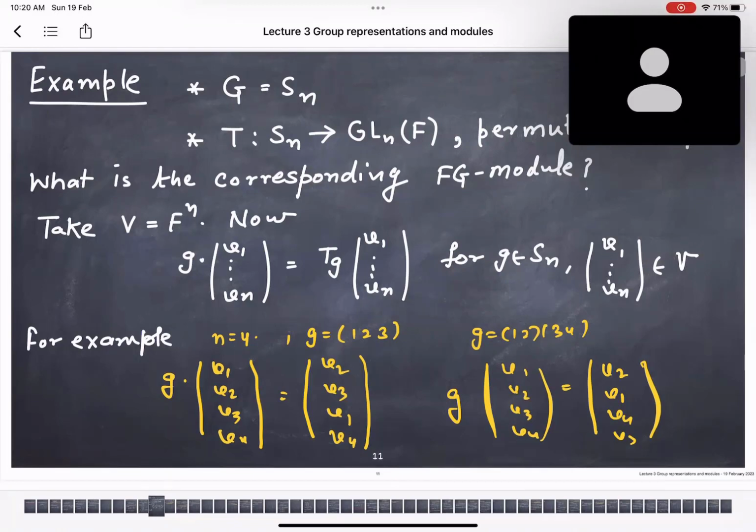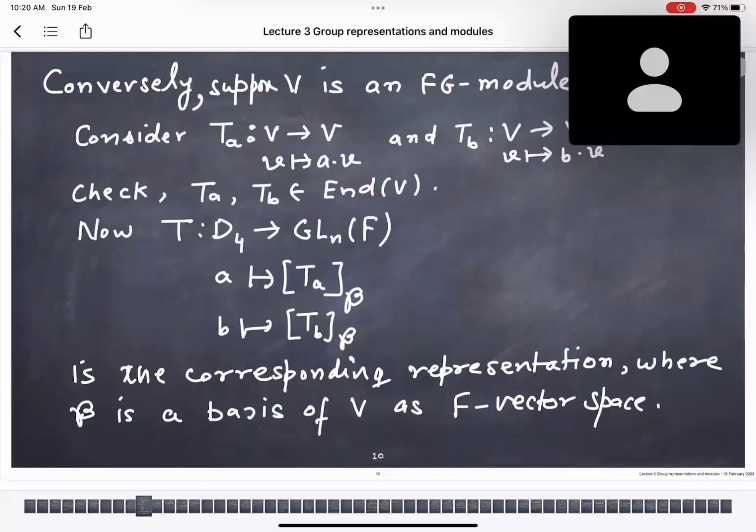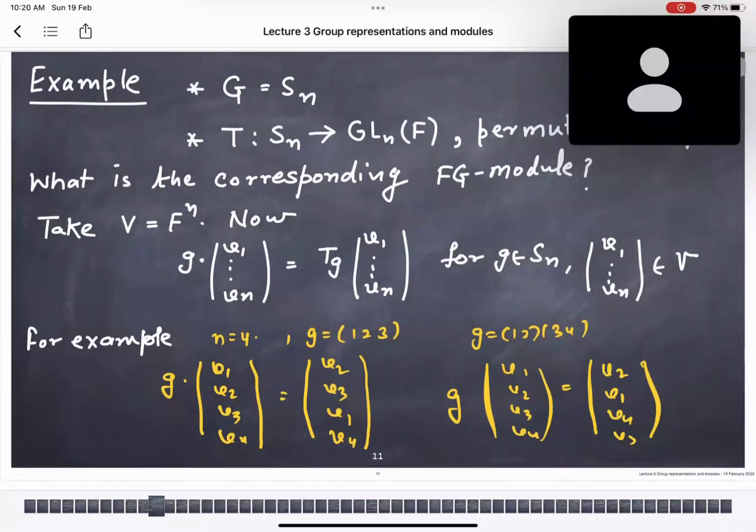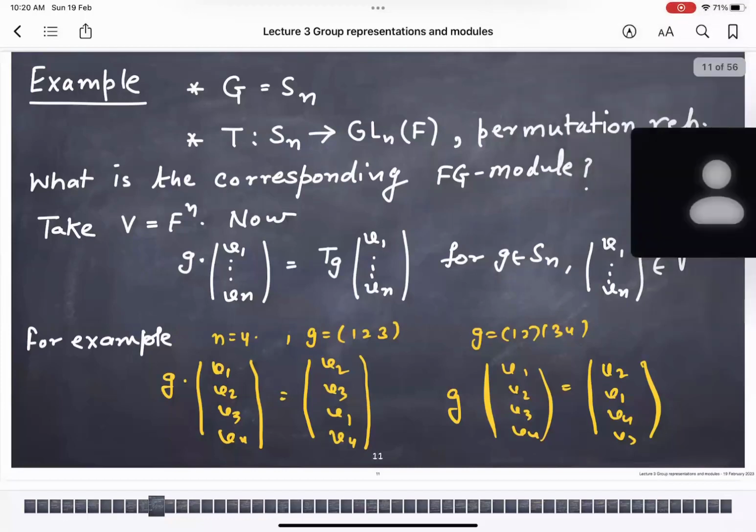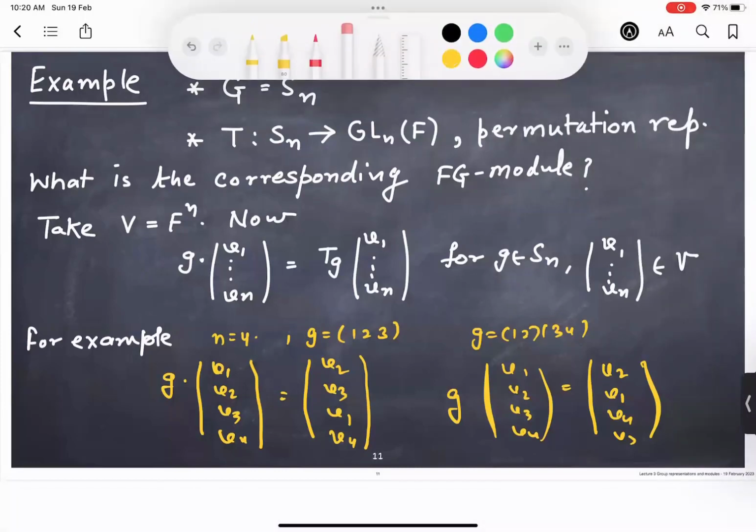Because I think that since 1 goes to 2 and 2 goes to 3, V1 will go to the second position, V2 will go to the third position, and V3 will come to the first position. So I thought it would be V3. Yes, you're saying it right. Then it is V3, V1, V2, and V4.